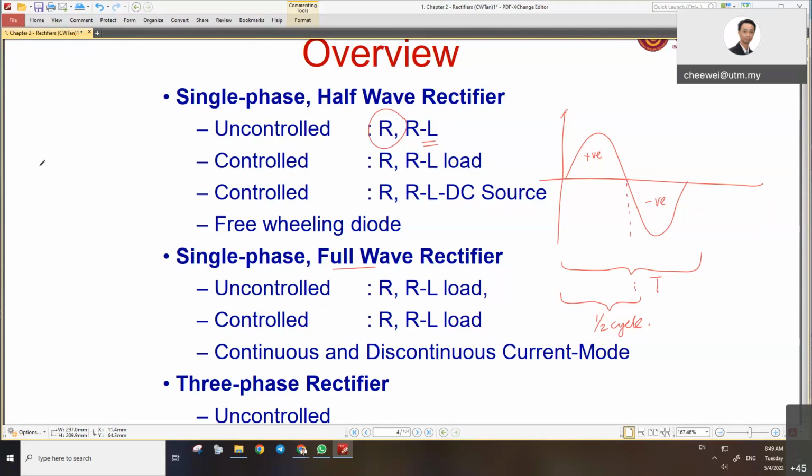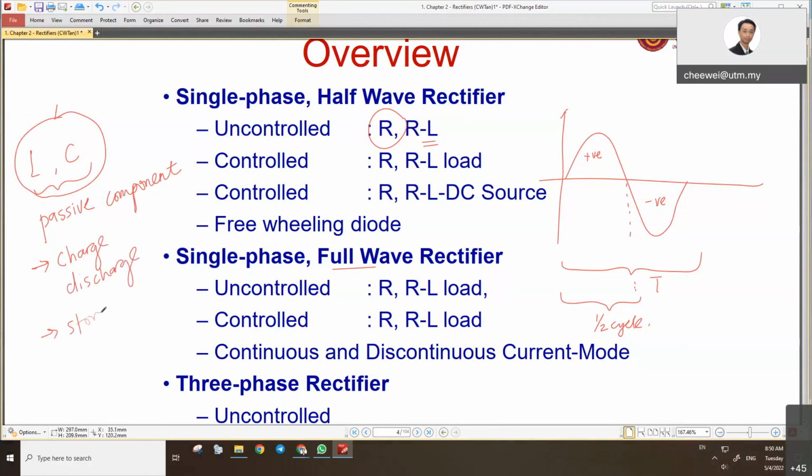Why? Because you have to remember that you learned about L and C, both of them belong to the passive components, right? What is the characteristic of these passive components? They are component or device that is able to charge and discharge, or store and release charges.